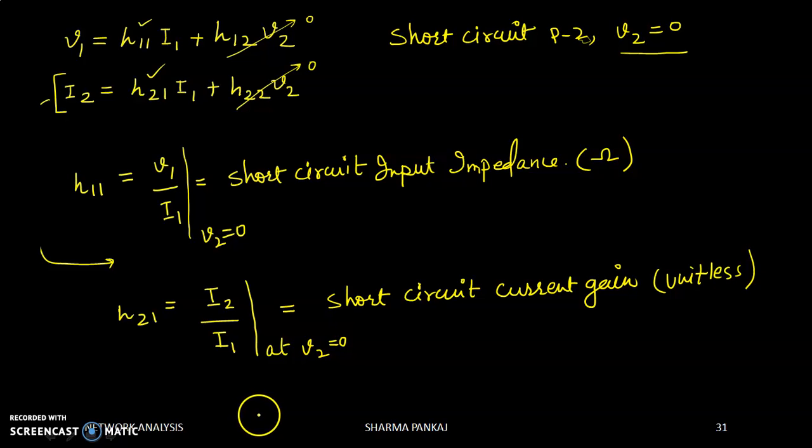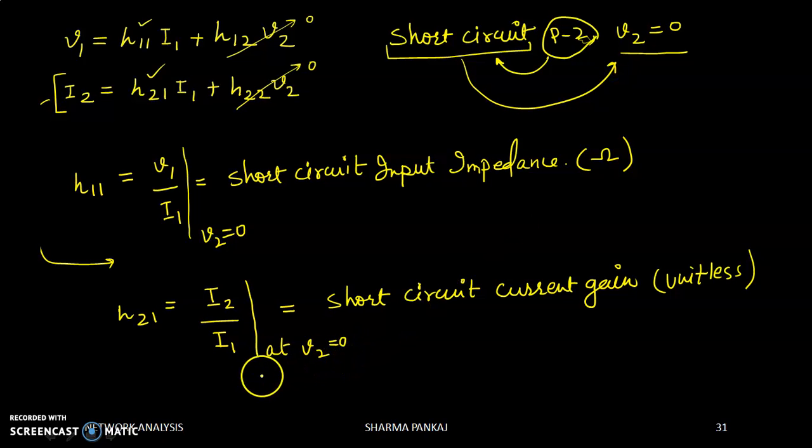Now this was for port number 2, when it was short circuited. When it was short circuited, we got V2 equal to 0.